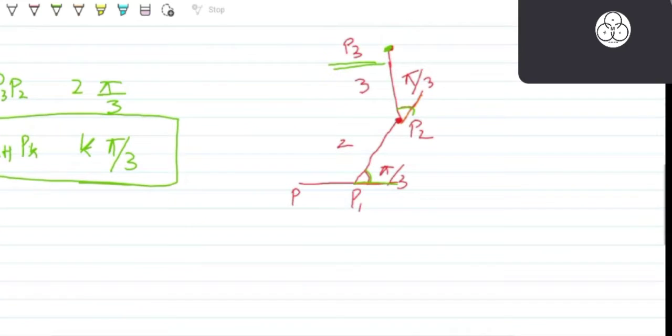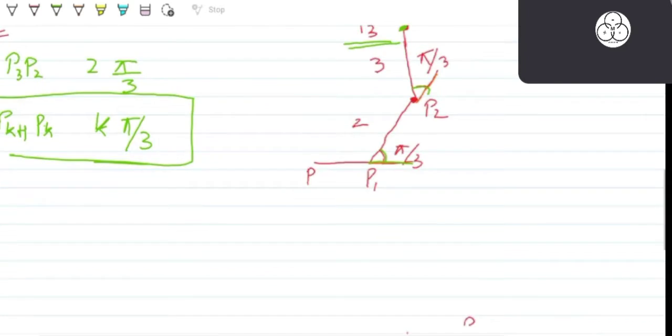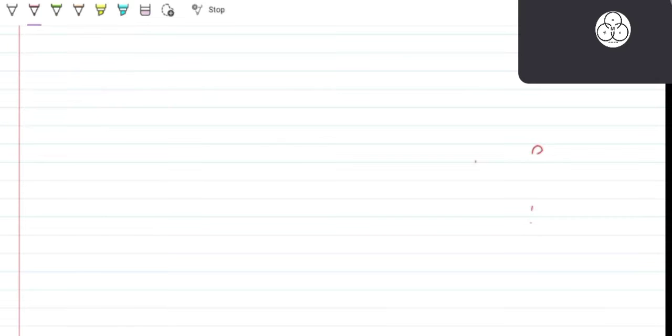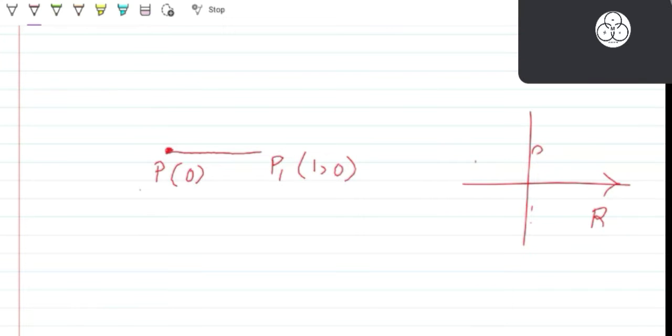Let us draw a fresh diagram. Let me consider P as the origin, and this is P1, which is 1 comma 0, or you can say 1, because it's on the real axis.